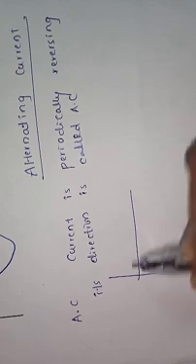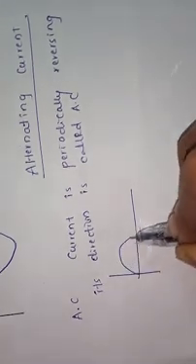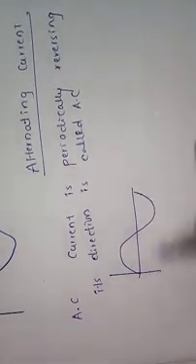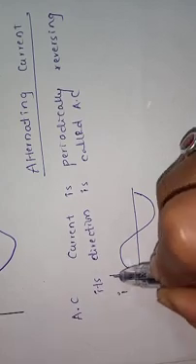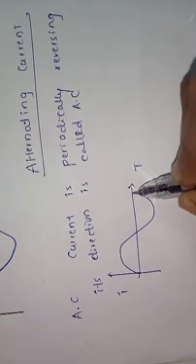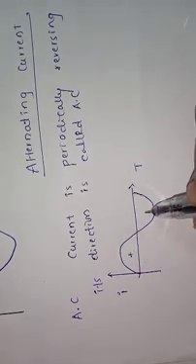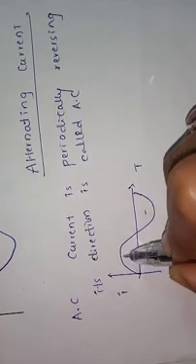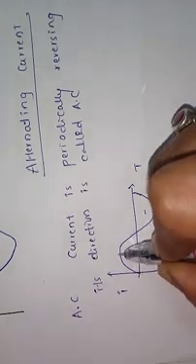Let's take a sinusoidal wave, that is, I along the y direction, time along the x direction. So this is the positive half cycle and this is the negative half cycle. Then this is the amplitude.